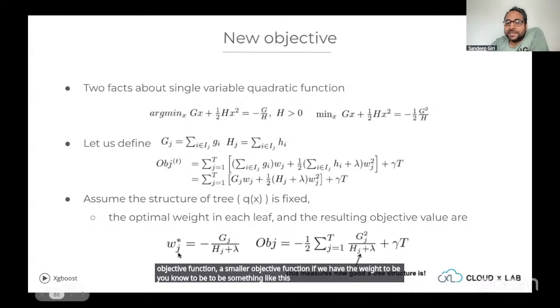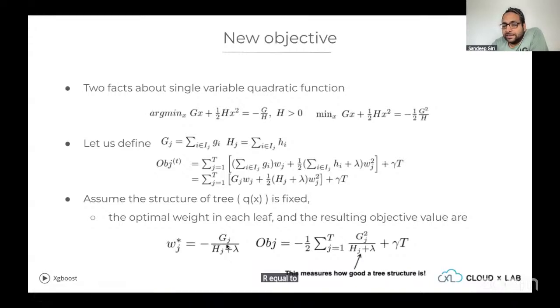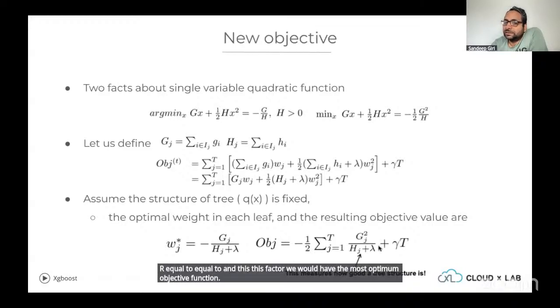It says that if the leaf values are equal to this factor, we would have the most optimum objective function. As simple as this.